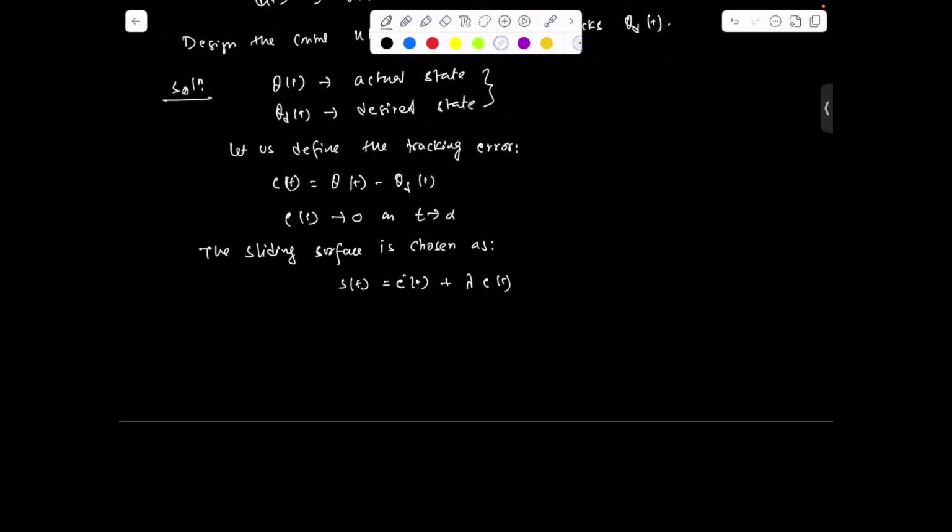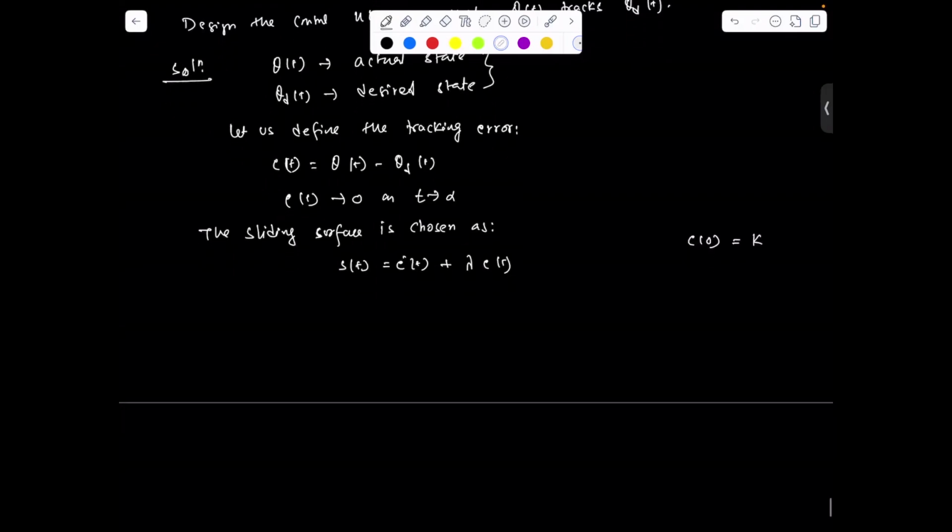Here, if you consider e of 0 is some constant k positive value, and if S of t is 0, we can write e dot t plus lambda e of t equal to 0. So e of t we can solve as k times e to the power minus lambda t. So this is basically an asymptotically stable function.